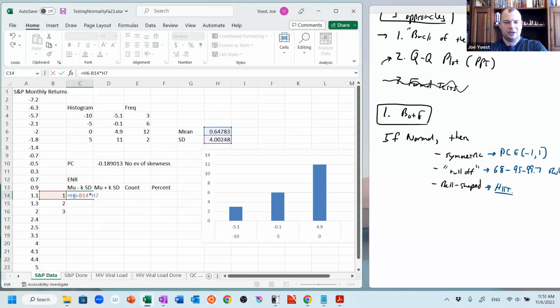When I drag down, I want my mean to stay the same, and I want my standard deviation to stay the same. So down here, I have mean minus 3 standard deviations. And then for the mean plus 3 standard deviations, so mean, and I'll lock that, plus this number of standard deviations.